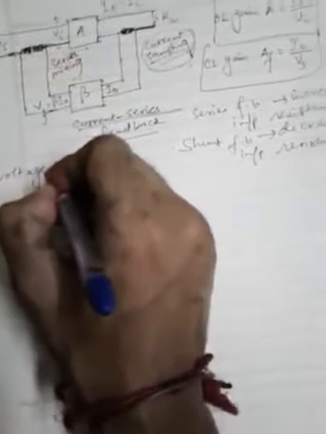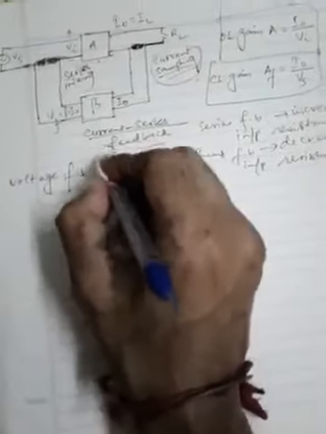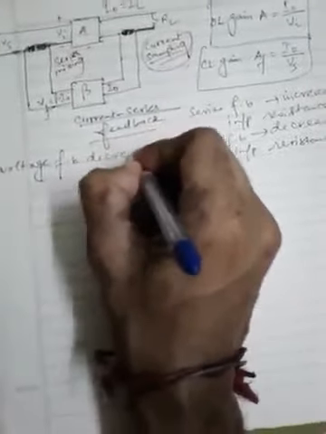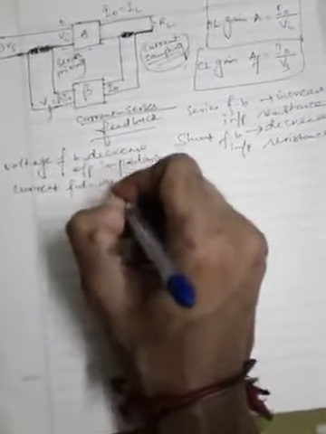And also the voltage feedback, if it is a voltage feedback, then it tends to decrease the output impedance overall. For the overall circuit, it will tend to decrease the output impedance, and with current feedback it tends to increase the output impedance.